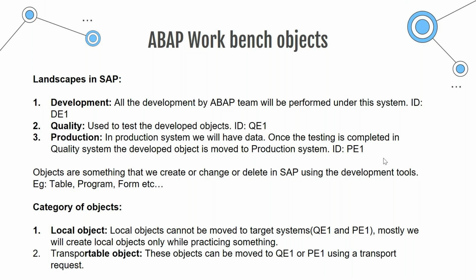So sandbox system means whenever we want to test something, before I do any development directly in the development system, just for testing purposes or just for practice purposes, if I want to create anything, change anything, delete anything, in those situations I can use a sandbox system. Your sandbox system is not connected to any of the development, quality or production systems.